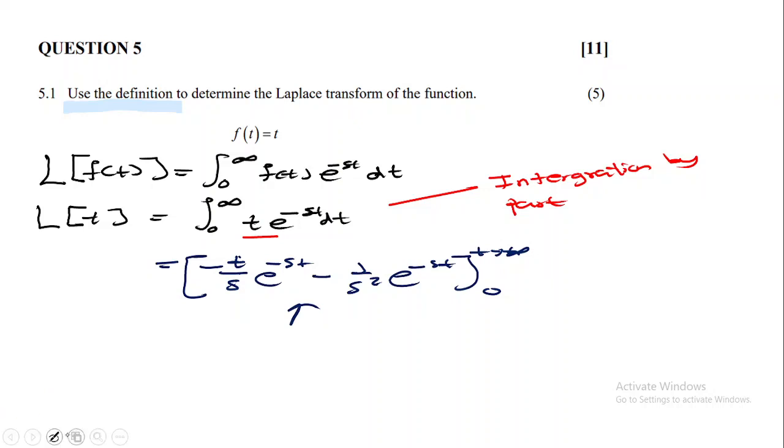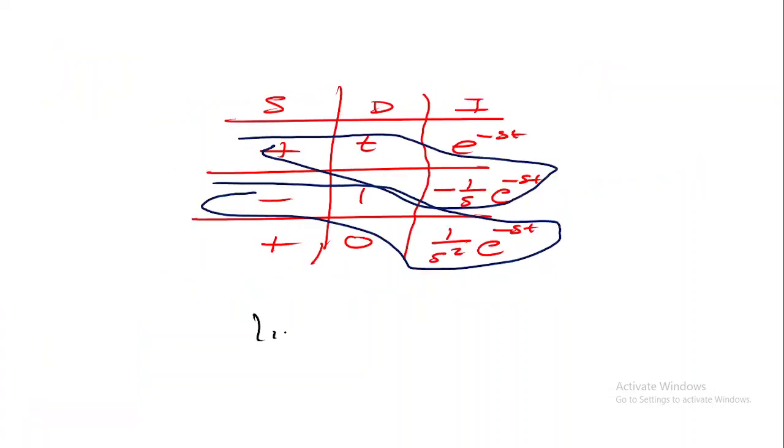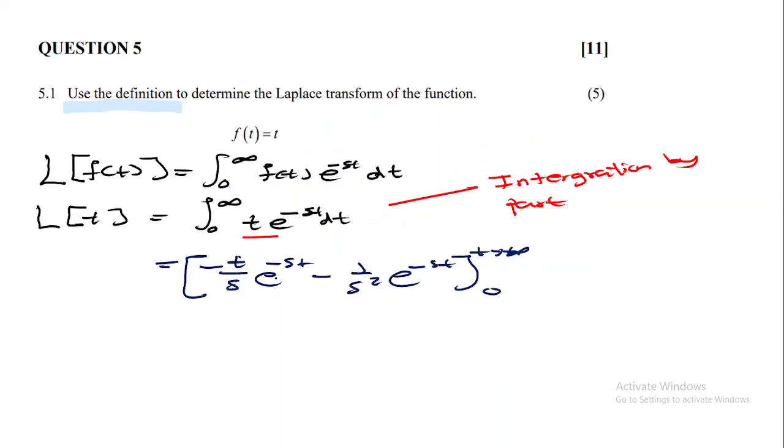But we already know that the limit of e to the exponent minus st as s approaches infinity is 0, meaning any term that consists of e to the exponent minus st is going to approach 0.